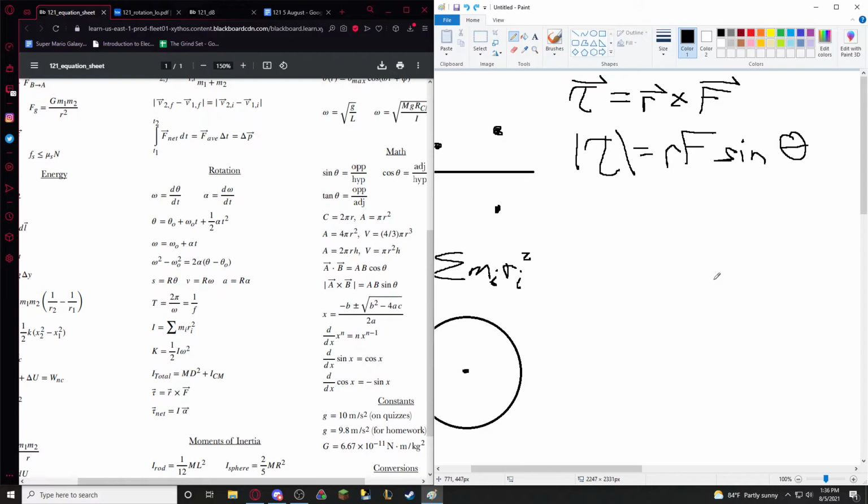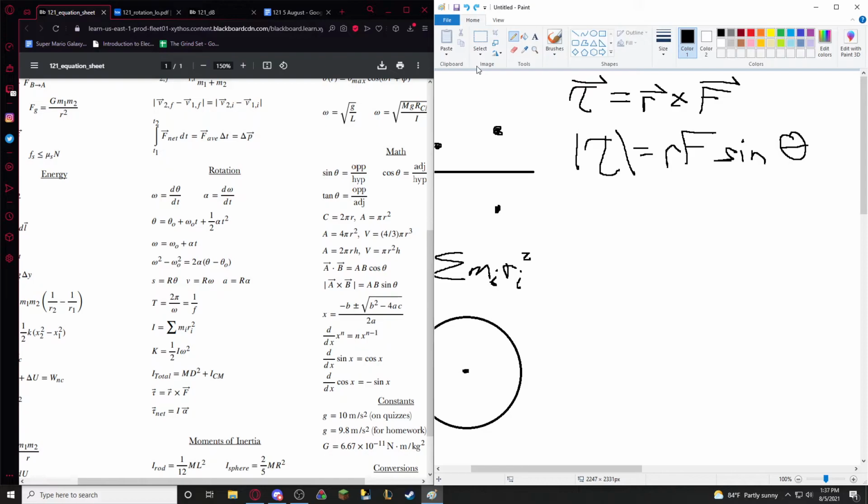And now for the direction of the torque. Do you know how we find the direction of a torque? Using... Have you heard about right-hand rules? Oh, yes. What is a right-hand rule? Or how do we use the right-hand rule to find the direction of the torque?